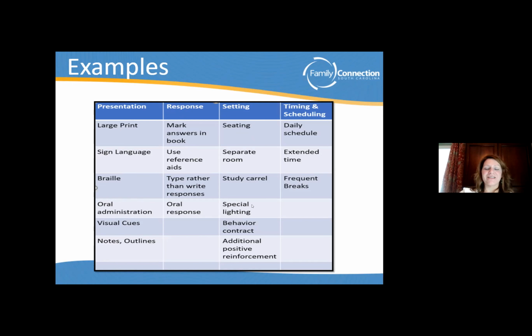You can get the idea here, the physical structure, the lighting, or a behavior contract, for example, setting up conditions where a reinforcer can be achieved for completing work, or providing additional positive reinforcement. And then timing and scheduling just refers again to schedules, maybe extended time, maybe those frequent breaks, and that sort of thing. So just a few examples.